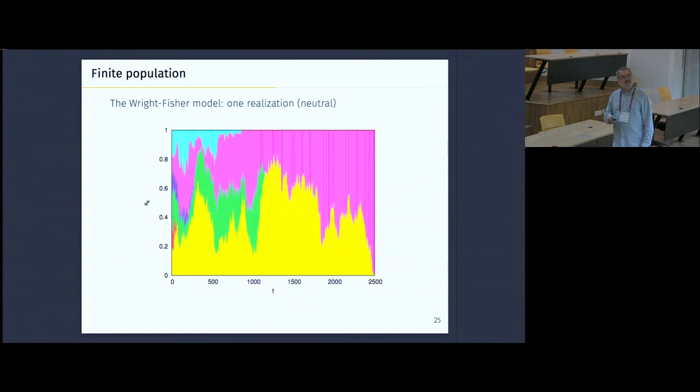Then you see that there are wild oscillations in the frequencies, but eventually, after a certain number of generations, which as we'll see is of the order of the size of the population itself, there is one which prevails and goes to fixation. Look at that: this guy who went to fixation here was very, very rare. So you cannot predict what the eventual fate is.